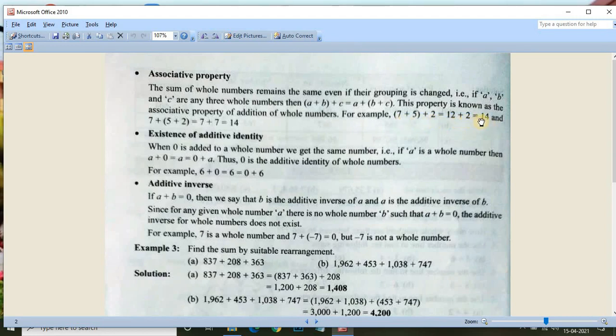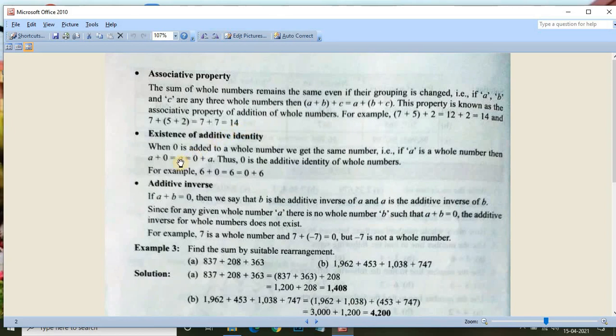It is solved here. 7 plus 5 is 12 and then 2 is added here. 12 plus 2 equals 14. And again 7 plus (5 plus 2) equals 7 plus 7 equals 14. It means in both cases the answer is the same. So this property is known as associative property.